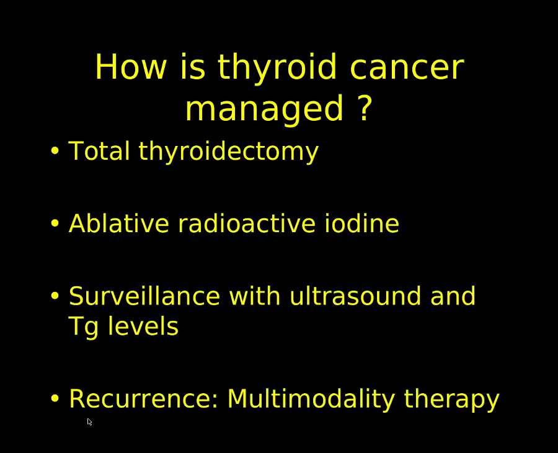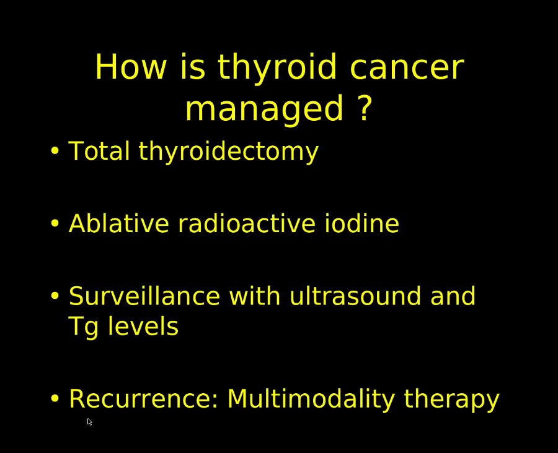So how are we involved? Where do we fit into thyroid cancer management? As I mentioned, the patient will have a total thyroidectomy. Then we'll just let them recover from that, and a couple of weeks later the patient will undergo that ablative dose of radioactive iodine to eliminate the final amounts of normal thyroid tissue, and hopefully treat micrometastases.